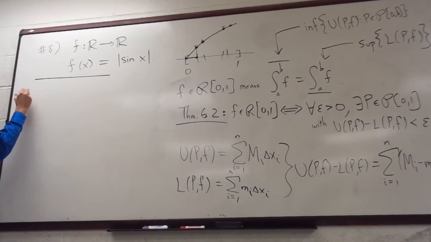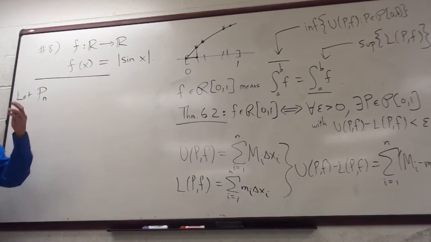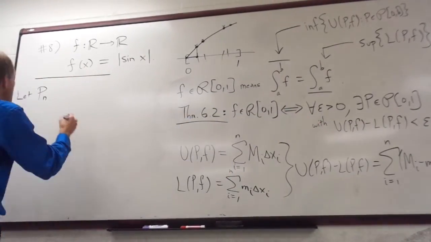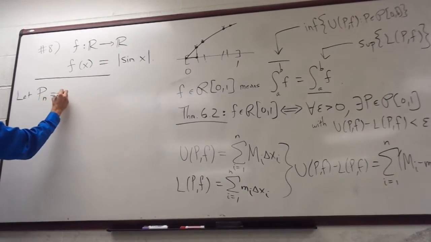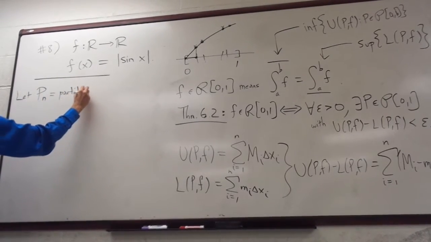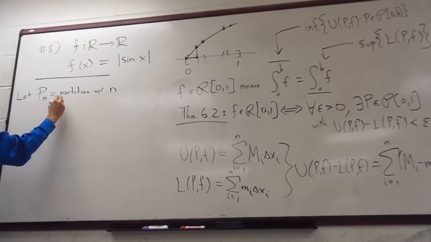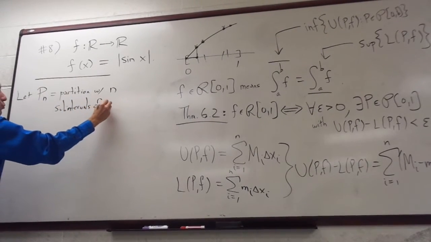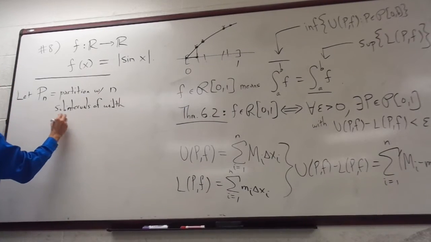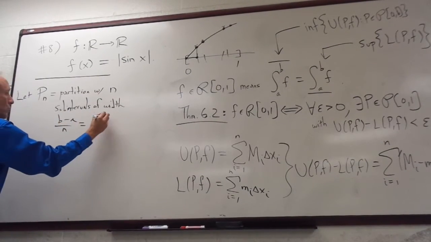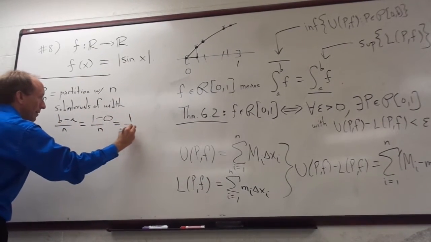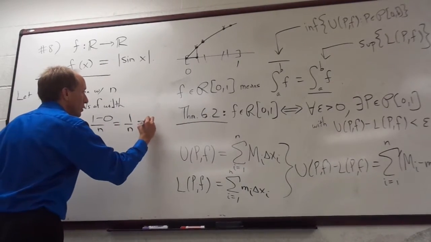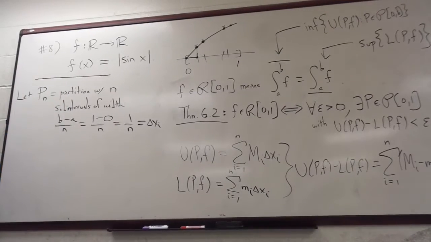We let P sub n be the partition into n equal pieces, the partition with n subintervals of width b minus a over n, which in this case is 1 minus 0 over n. So all of the delta xi's are just 1 over n.